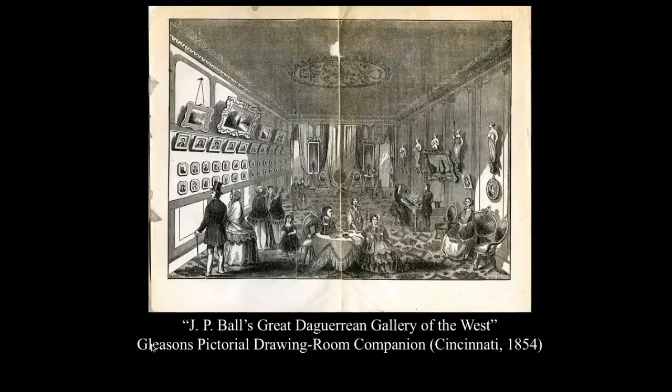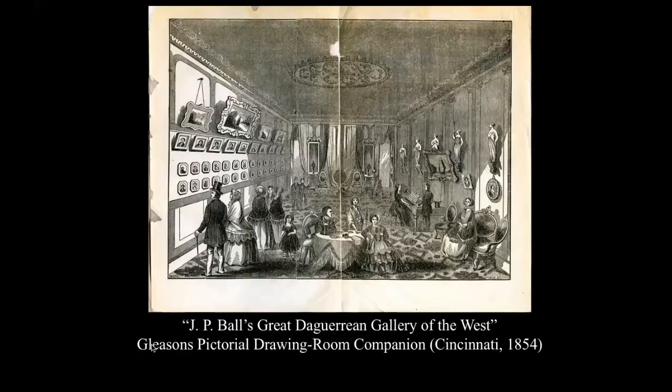Cincinnati is on the border between free and slave states, so it's really at the heart of the conversations happening in the years leading up to the Civil War, the very contentious and difficult and horrible conversations. What he did in his gallery very specifically was to integrate the artists who were shown there.